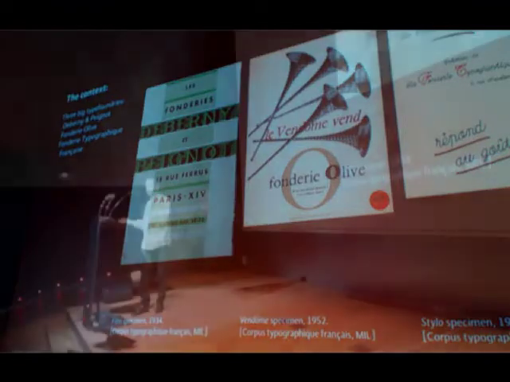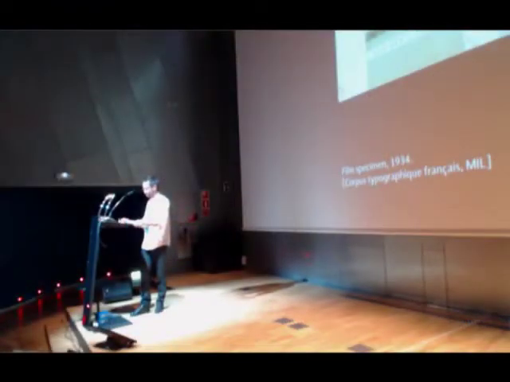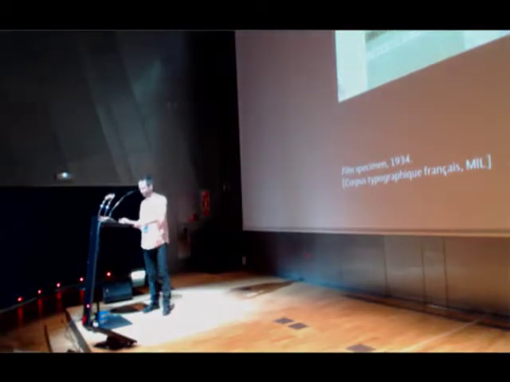But what was the context? From the interwar period, the French typography market, up to the middle of the last century, was dominated by 3 big type foundries: Deberny & Peignot, la Fonderie Olive in Marseille, and the Fonderie Typographique Française.